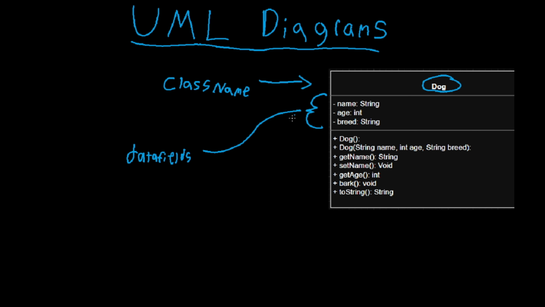Once you know how to read UMLs, you can implement them fairly easily because it tells you all the information you need to know. We know that we have an attribute called name, and the type of this name is going to be String. On the left side here, for right now, you'll just see a minus, which means private.